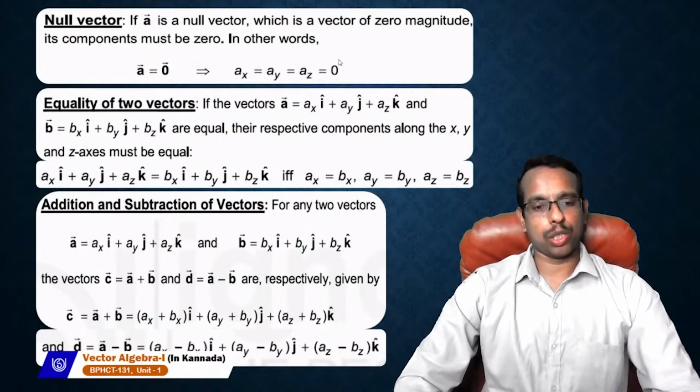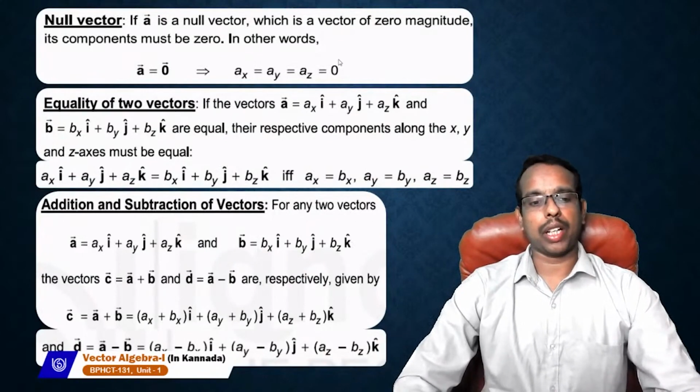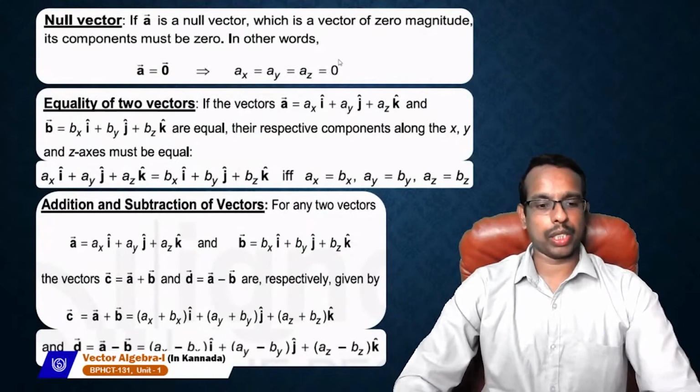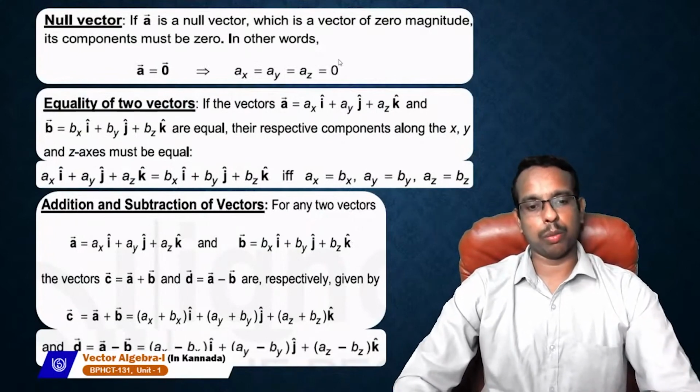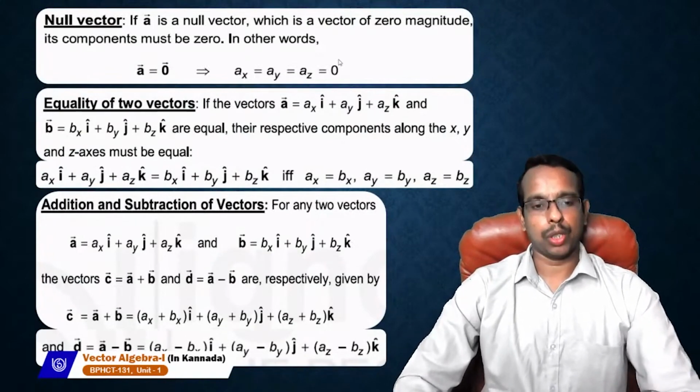Now I take i as common and combine Ax plus Bx, j as common, Ay plus By, and k as common, Az plus Bz. That is just adding the components, and you get the resultant of both the vectors. That is addition of two vectors.